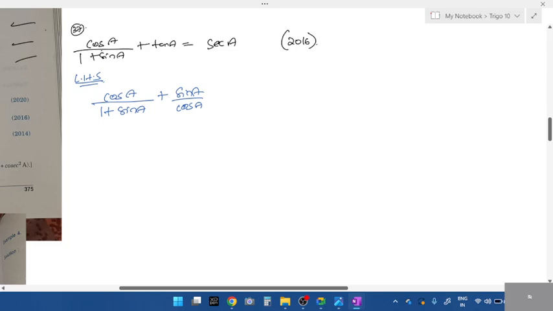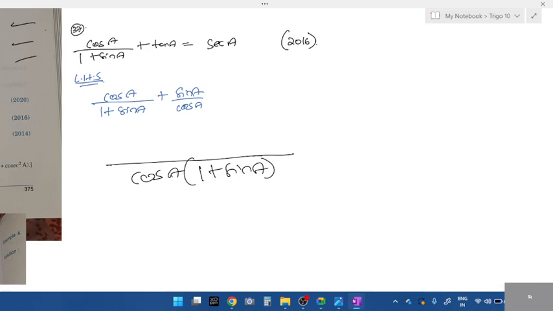Use all the rules: algebraic expression, identity, square relation, quotient relation, LCM. On the right hand side you need sec.